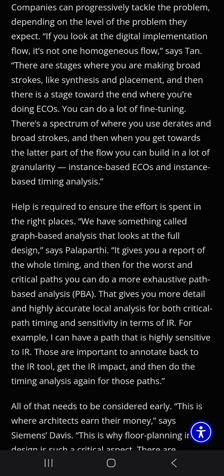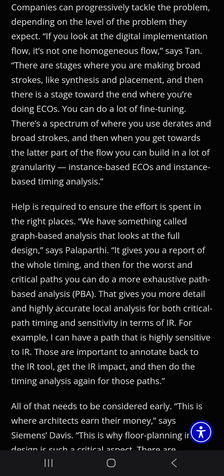It gives you a bound on the whole timing. And then on the worst and the critical paths you can do more exhaustive path-based analysis, PBA, that gives you more details and highly accurate local analysis for both critical path timing and the sensitivity in terms of IR. For example, I can have a path that is highly sensitive to IR.